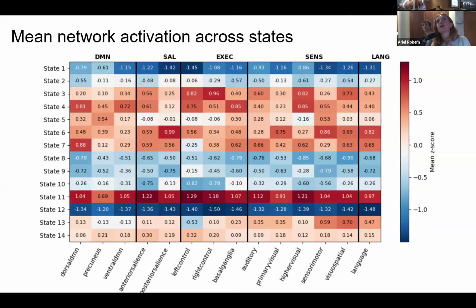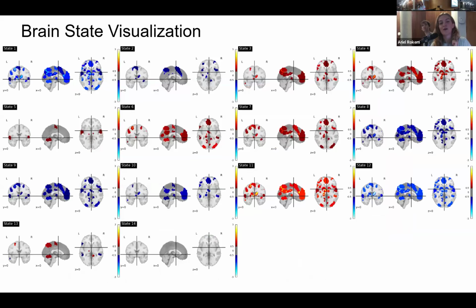You can see the distribution of mean activity levels that characterize each state. We have general network suppression in state 12, and a higher-activity state, state 11. So this is the distribution of activity levels across our states.